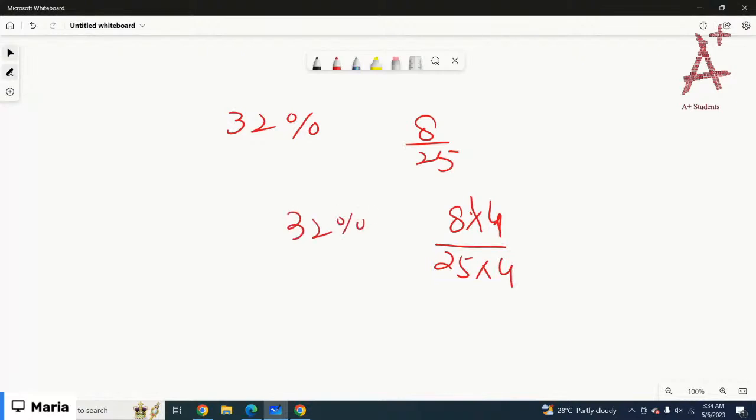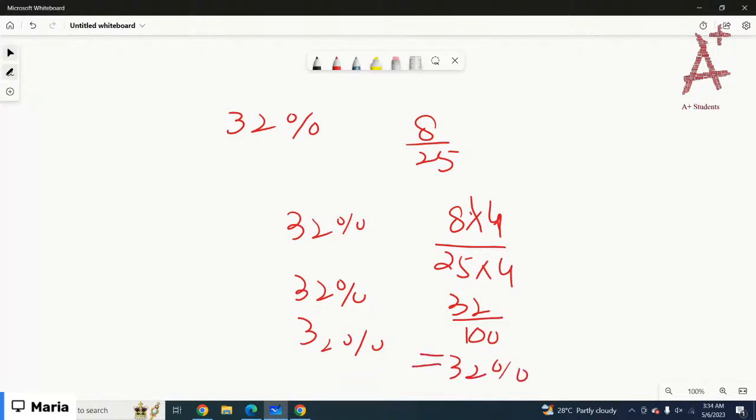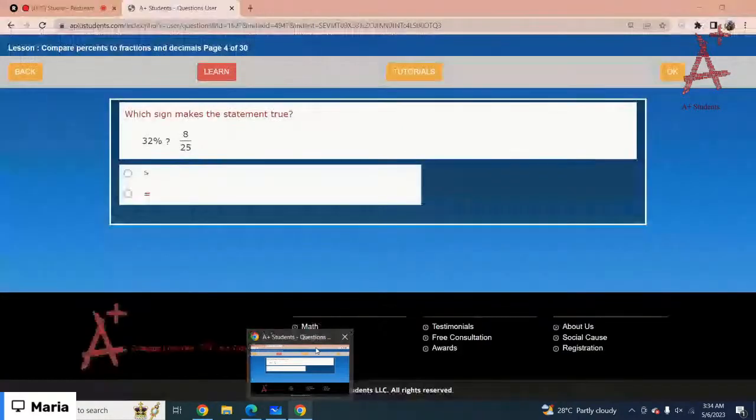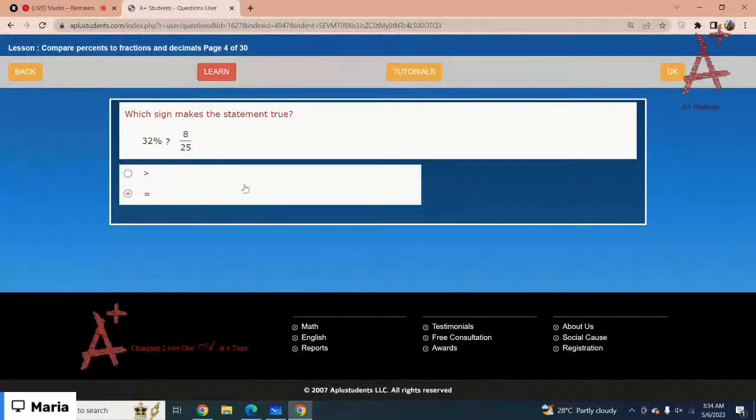So 8 times 4 is 32 and 32 out of 100. 32 over 100 means 32%. So they both are exactly equal. So the correct option is they are exactly equal.